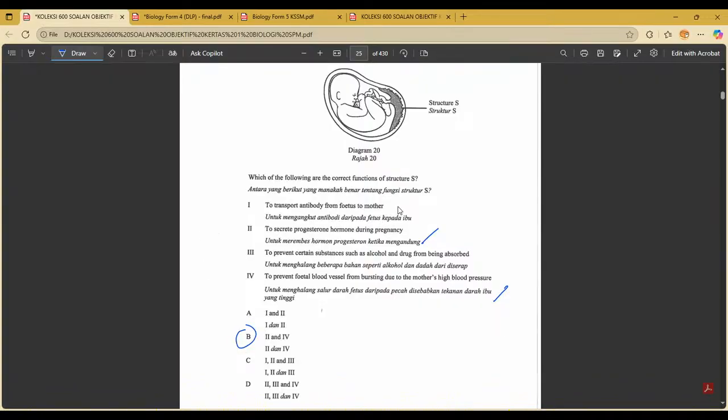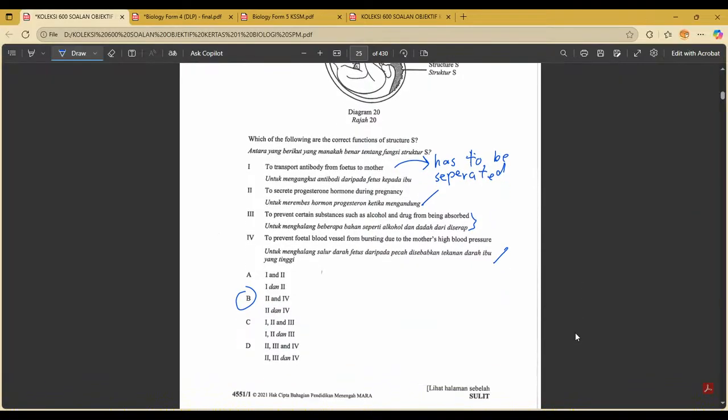Antibody has to be separated because the fetus's and the mother's blood type may not be the same and it might be incompatible with one another. And it can't avoid these substances from being absorbed. That's why you have to avoid doing that during pregnancy.